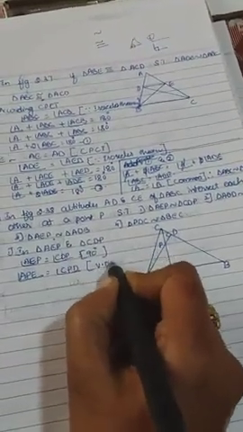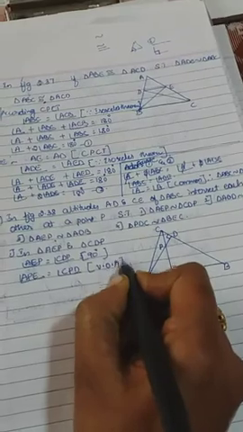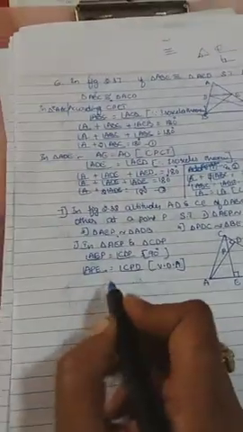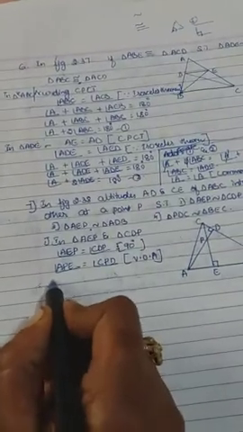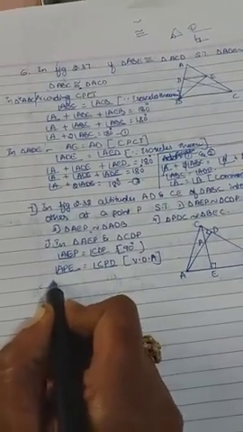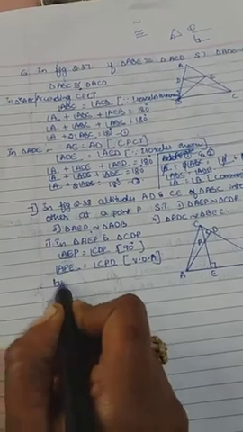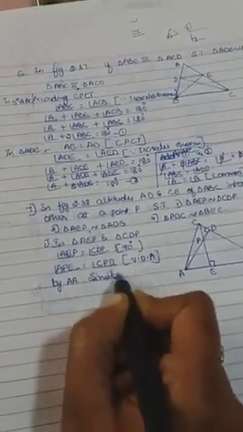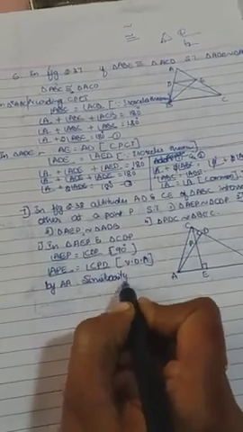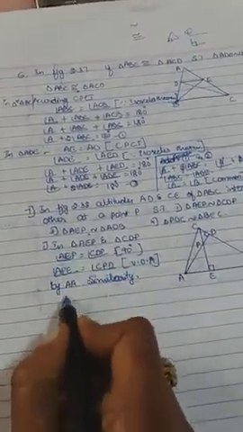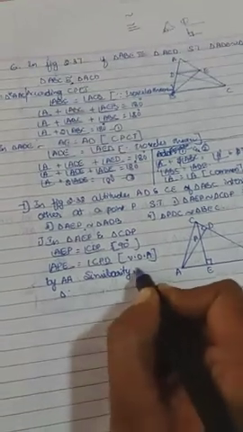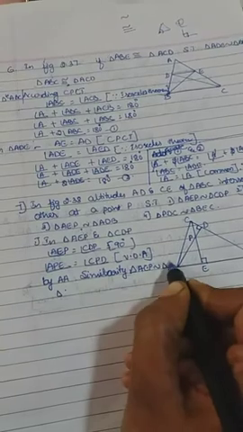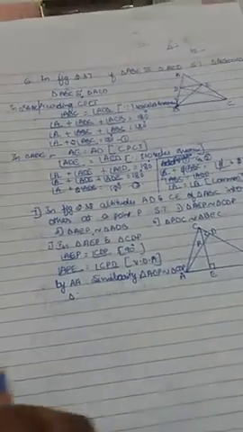They are vertically opposite angles, VOA for short. So both angles are equal. So by AA similarity criteria, we can write triangle AEP is similar to triangle CDP. So it is proved.